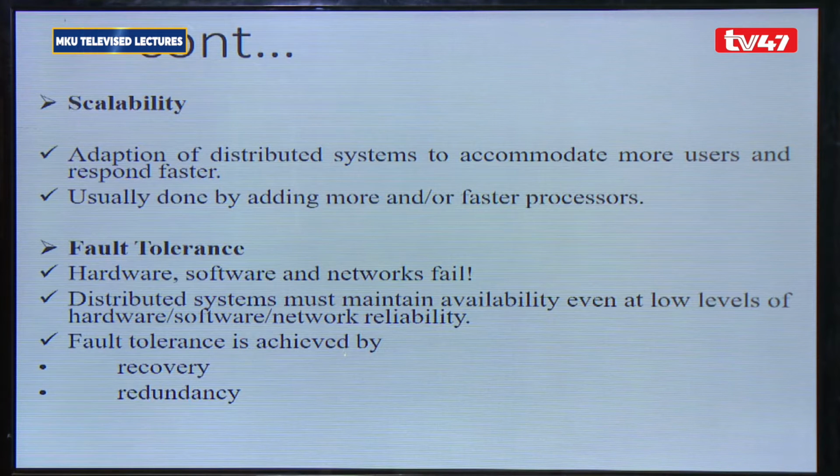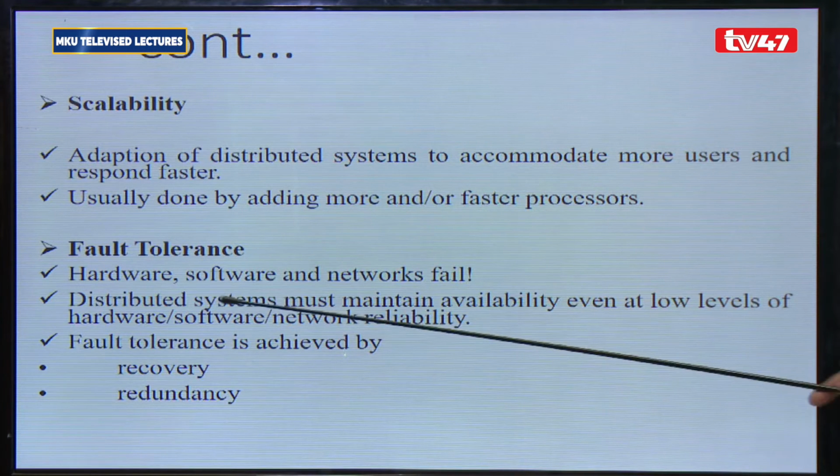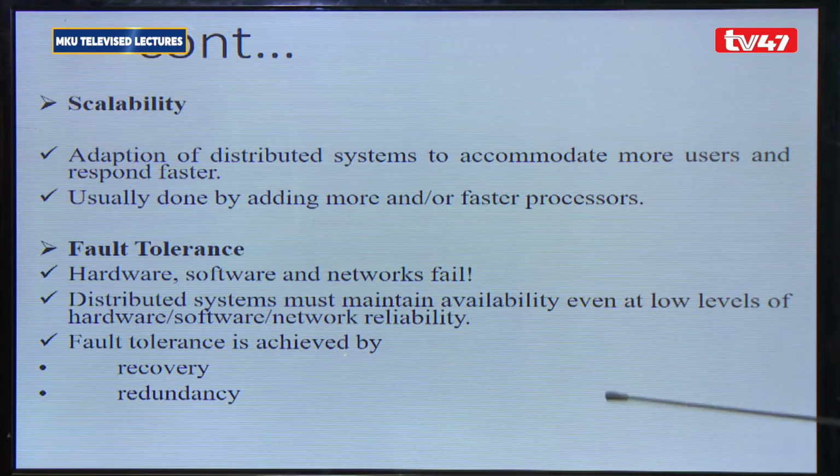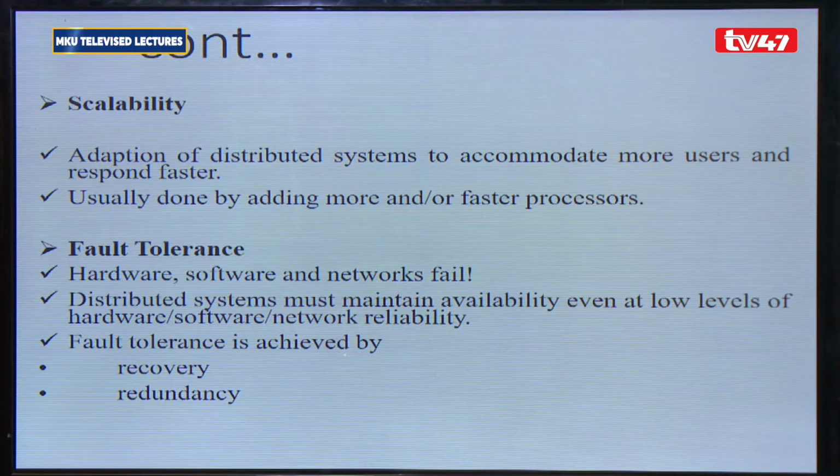All systems are bound to fail. We don't live in an ideal world. So sometimes when a network fails, what happens? You have to plan for it. So all or most distributed systems have fault tolerance. They can tolerate faults. And how do you do it? For example, you can have recovery.